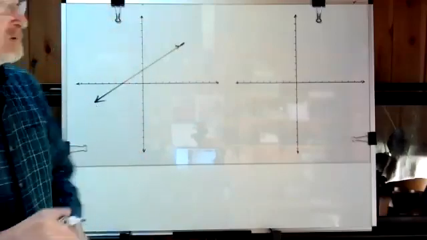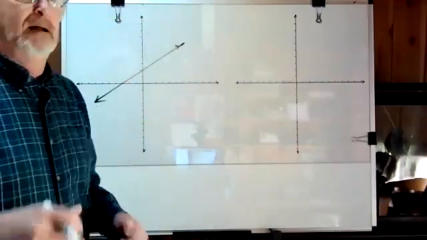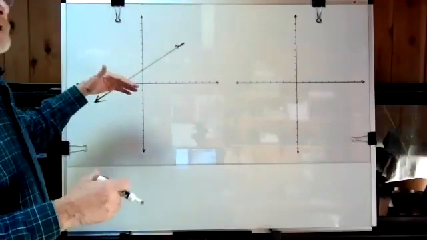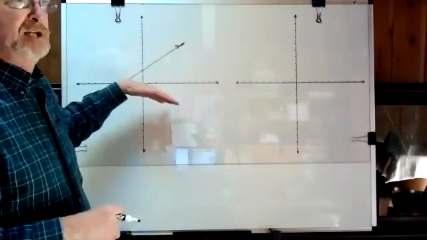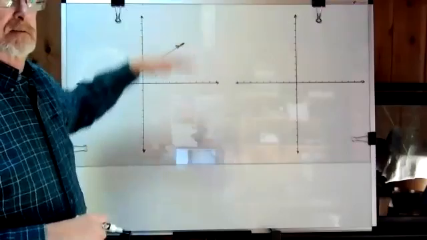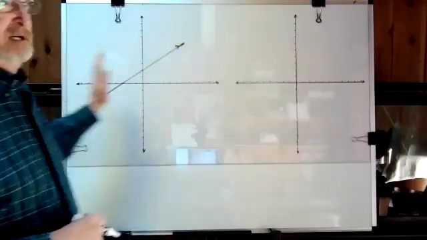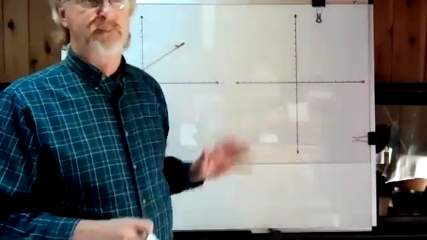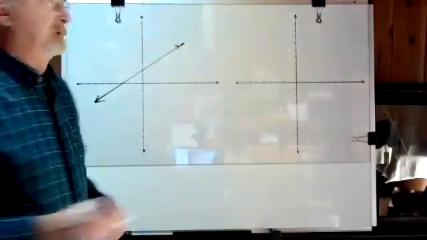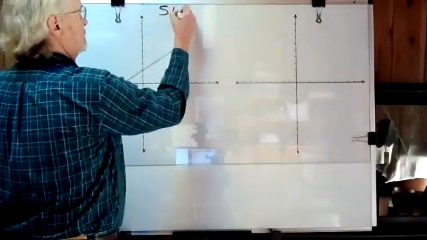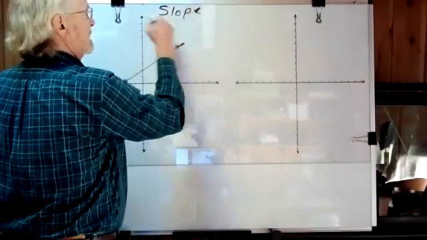So slope is defined as how much does our value change vertically relative to how much it changes horizontally. We use a special letter. Of course, here we're talking about slope, okay? How slanted is that line?